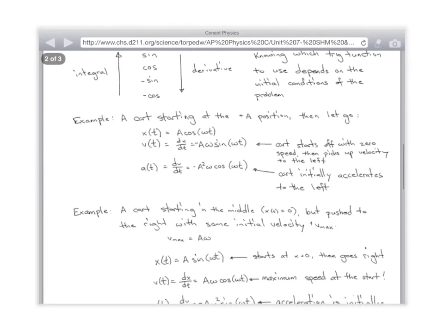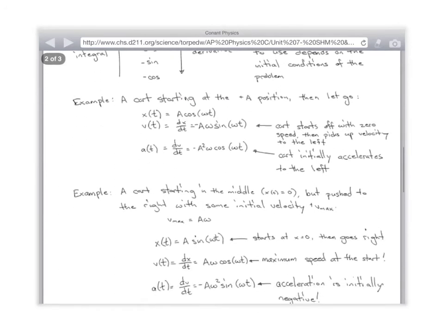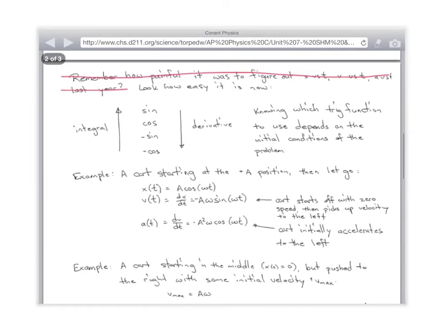Let's say you start a car in the middle, but push to the right with some initial velocity. I'm not going to give you the answer. Don't peek. All right, car starting in the middle. Its initial position is 0, but it's pushed to the right with some initial velocity equal to the Vmax. And we know Vmax would be A omega, right? So what trig function would you use for velocity?